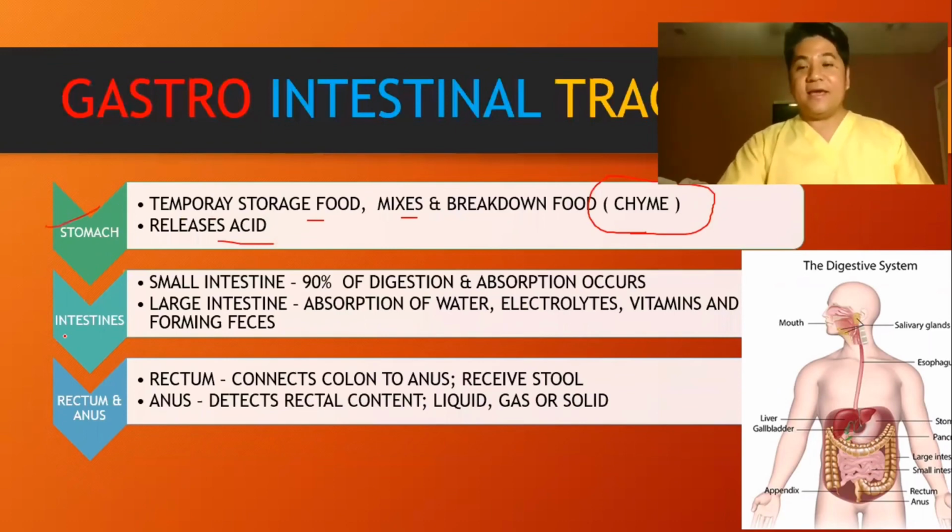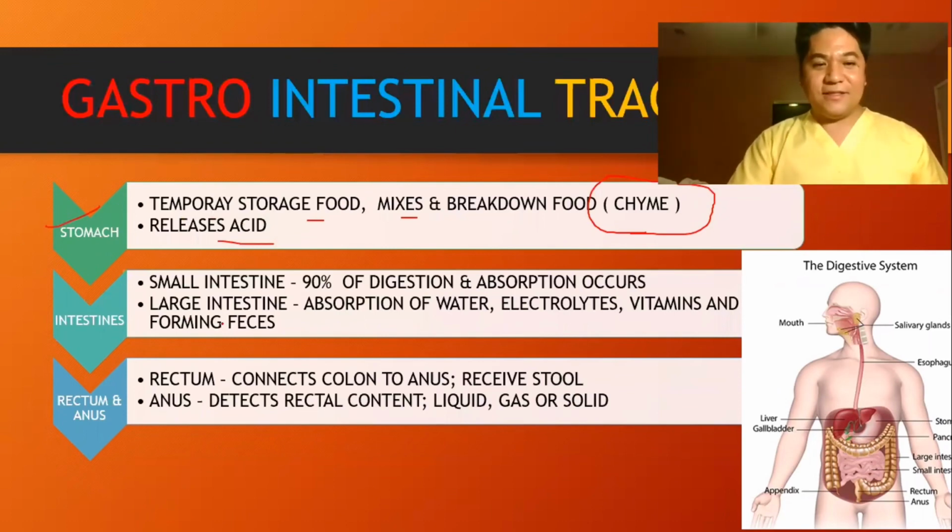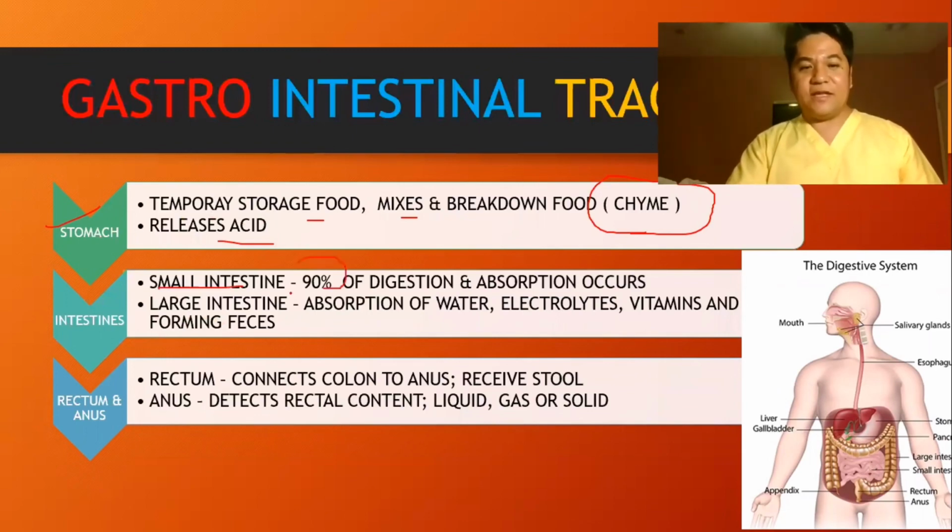Check on that. The small and large intestine, I already talked to you about. So 90% of the digestion and absorption occurs in your small intestine, while the things that need to be reabsorbed, like water, electrolytes, and vitamins, occur in your large intestine, forming the stool or the feces. After that, it goes to the rectum.